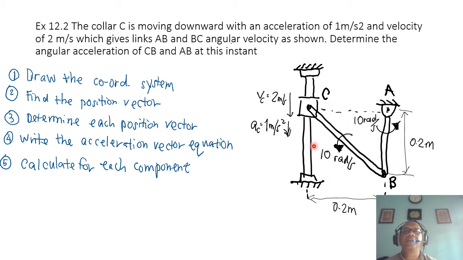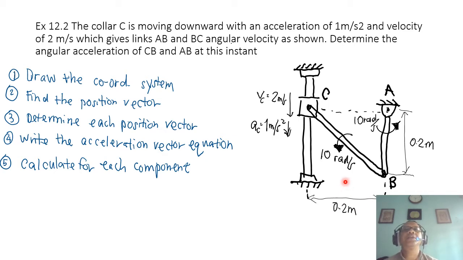For CB is 10 radian per second counterclockwise, and omega AB also 10 radian per second counterclockwise. The distance between A and B vertically is 0.2 meter, and the horizontal separation between C and B is 0.2 meter.